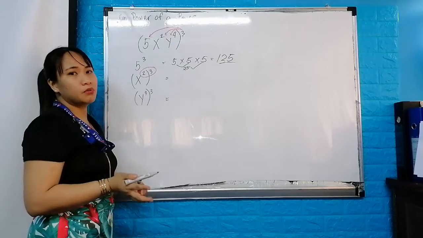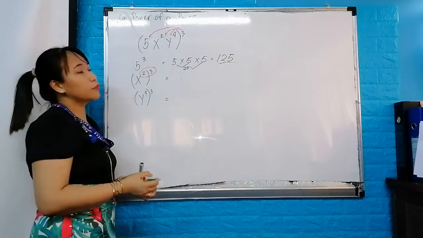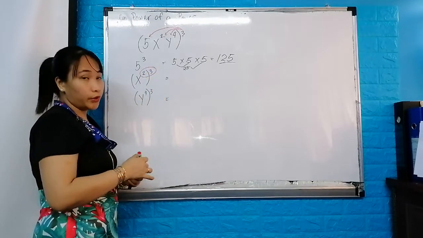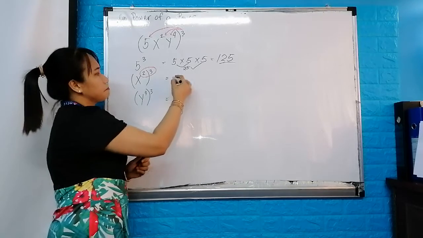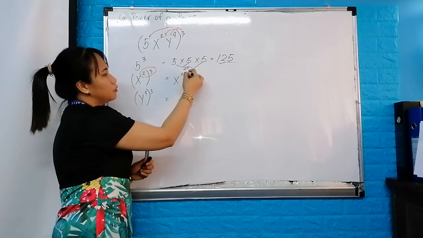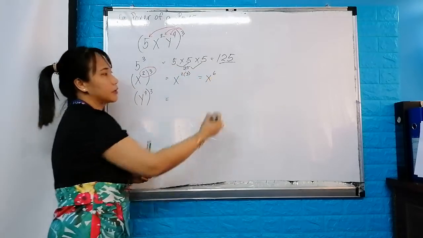We're not going to add anymore, because it's not multiplication of monomials. Because we are working on the power of a power, you need to multiply the powers. So for x, we have 2 multiplied by 3, so the answer is x to the 6th power.